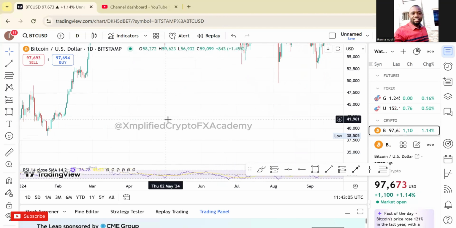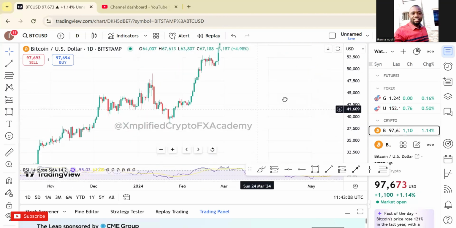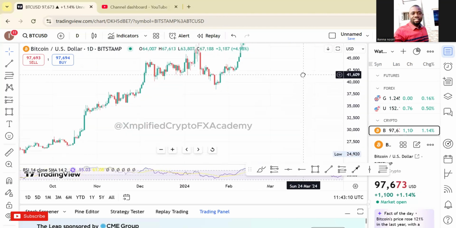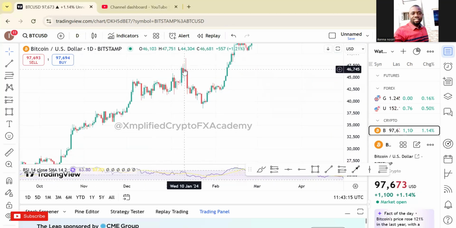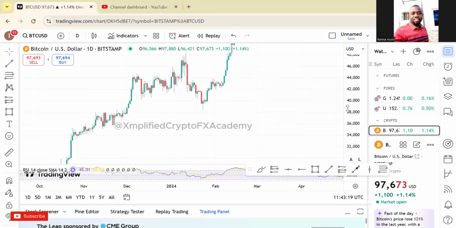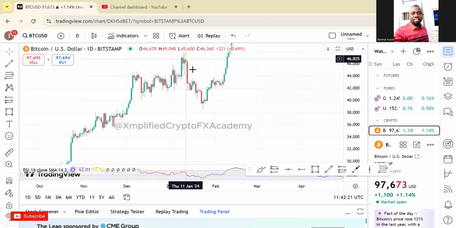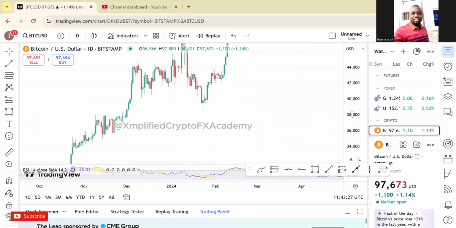If you're a long-term hodler, the market started from 27 to this spot, 46. It got to 46 and then came down to $39,000. Now check the formation of candles on the daily time frame.